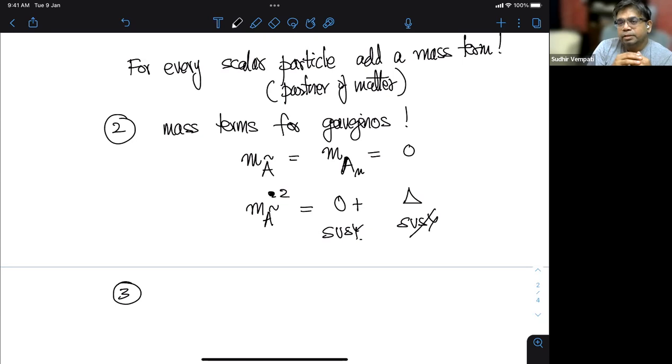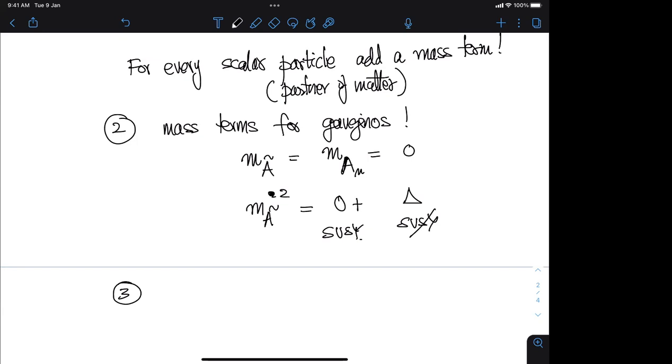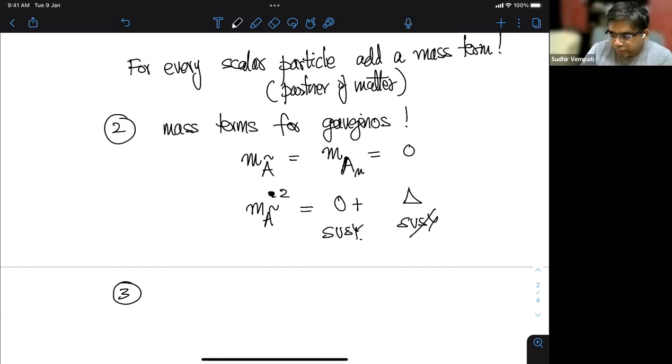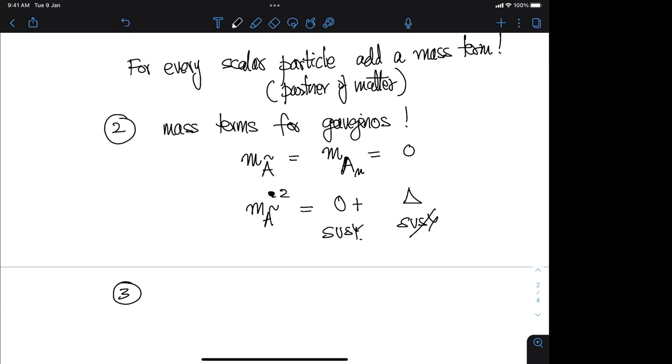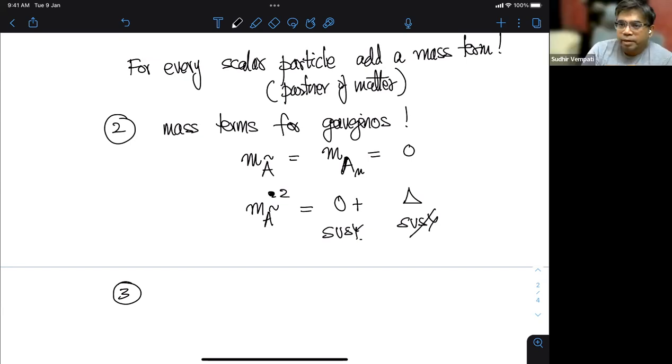What is natural is a theoretical constraint. If you introduce a new theoretical concept called fine tuning, you say that the loop corrections should not be so significant that they are larger than the tree level masses of the particles. That is essentially fine tuning.